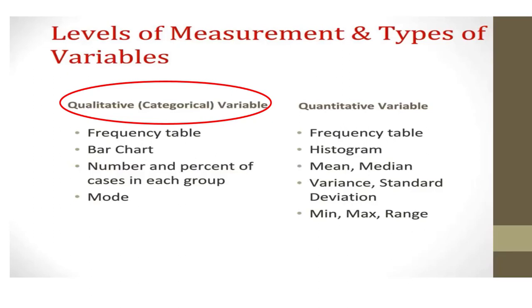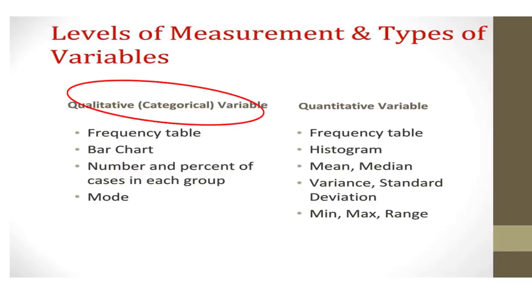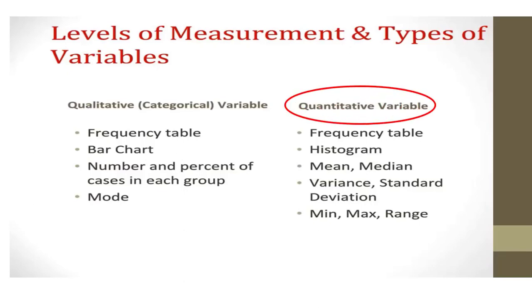That is what we call the mode. Not very much used in language acquisition. As for the quantitative variables, we can also have frequency tables, but we can use histograms. We will use the mean and the median, and of course the variance, the standard deviation. We're going to be using that a lot, and the minimum, maximum, and the range that we discussed in previous lessons.